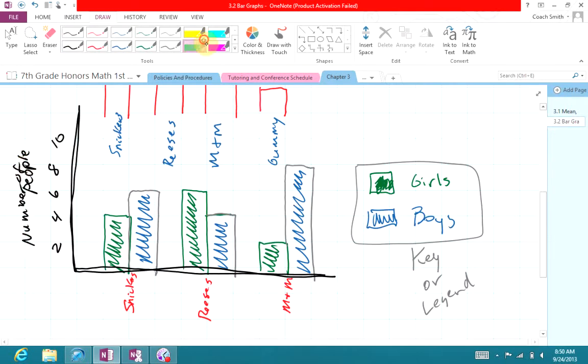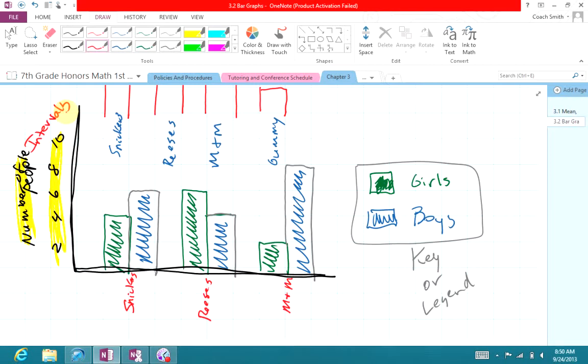Okay? This would be our intervals. Right here. That's our intervals. Okay? You must have those. Okay, I can't draw a bar graph without knowing the numbers.